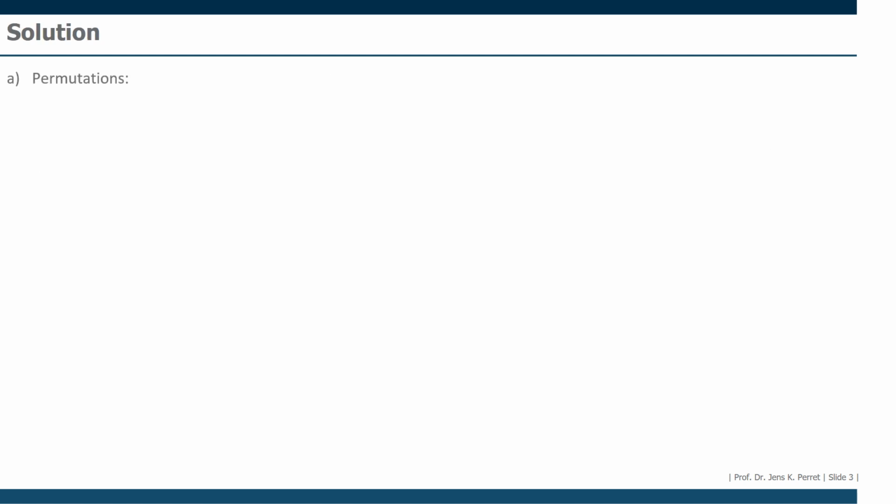First part, even though it sounds a bit strange, it's just permutations. So I want to know how the 10 different videos could be arranged in an order, the order being the playlist. Due to the fact that we have no replacement, every video can exist only once.